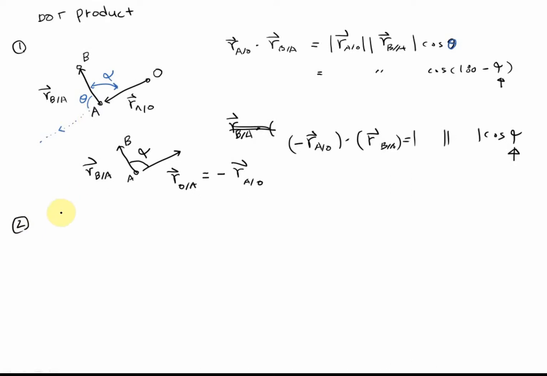And then the second use of the dot product is resolving a vector into components parallel and perpendicular to a given line. This is an arbitrary vector, let's say V. And then I have an arbitrary line, L, and let's say this L has a certain unit vector like that.